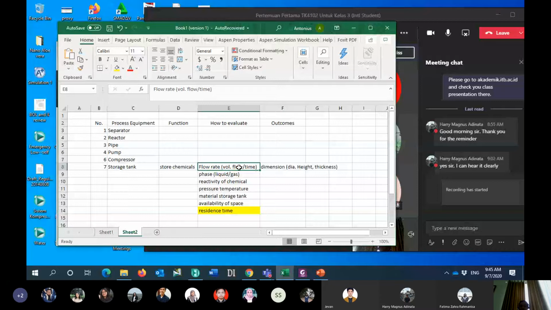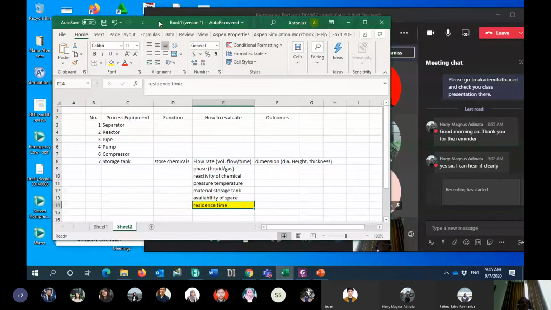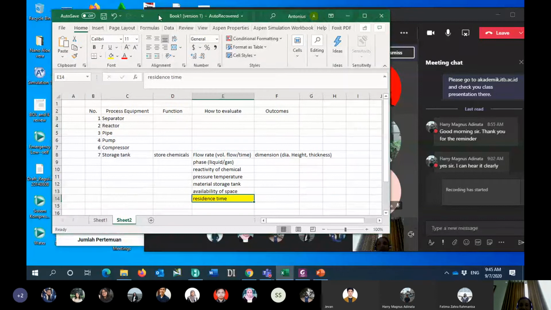So in order to answer the question of enough or not enough, you have to compare the current residence time with the previous design residence time. Is it clear to you? Hello, anybody? It's clear, sir.